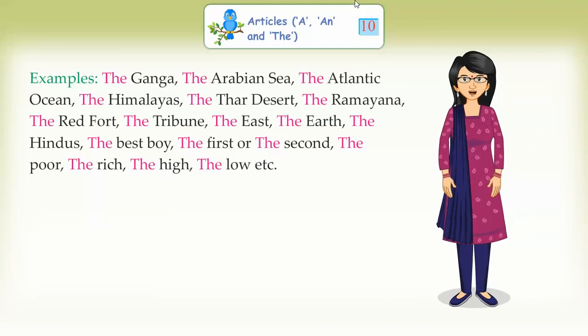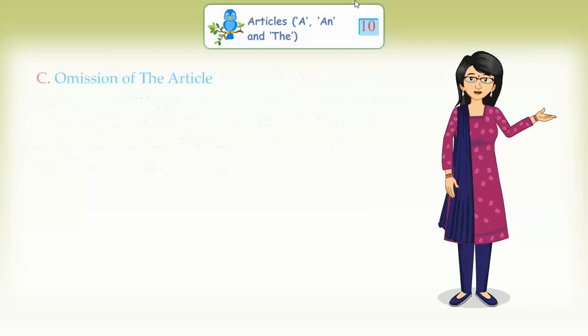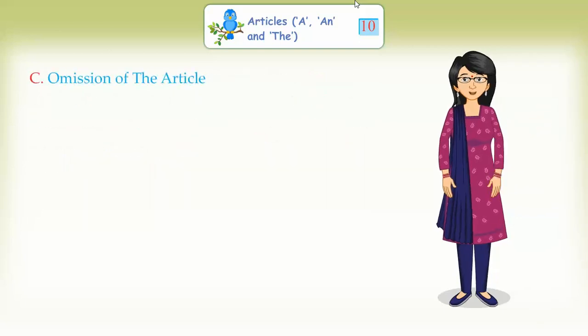Example, the Ganga, the Arabian Sea, the Atlantic Ocean, the Himalayas, the Thar Desert, the Ramayana, the Red Fort, the Tribune, the East, the Earth, the Hindus, the best boy, the first or the second, the poor, the rich, the high, the low, etc.